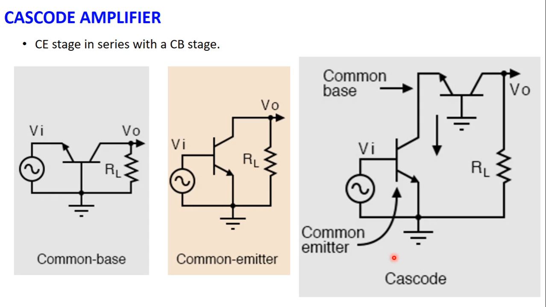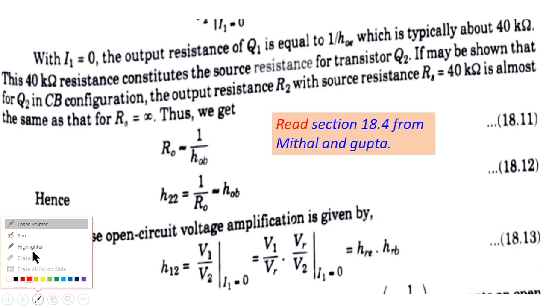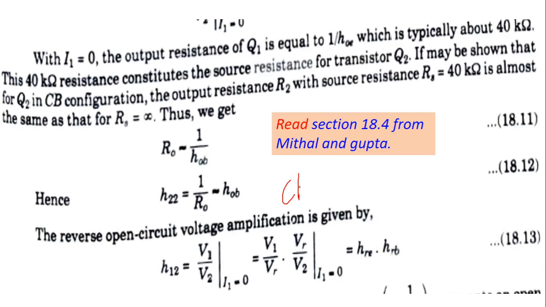Write down the important characteristics of a Cascode amplifier in your copies.